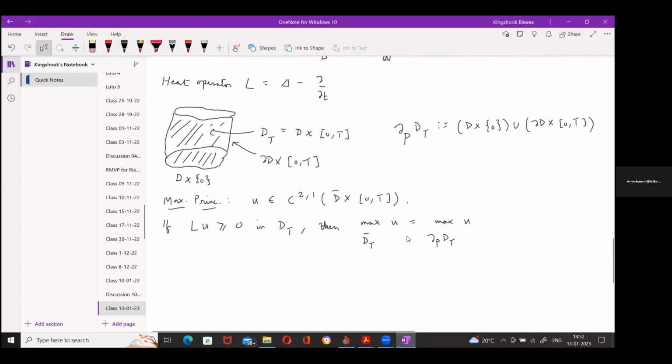And so the maximum is attained on this parabolic boundary. That's what the maximum principle is saying.